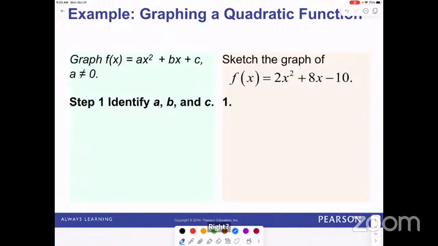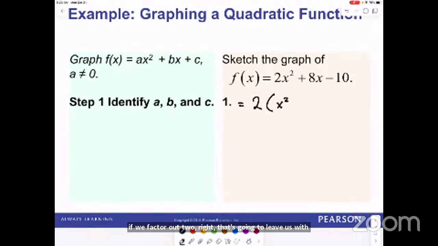One way that we can go about making the leading coefficient a 1 is to factor out 2 from all the terms. If we factor out 2, that's going to leave us with x squared plus 4x minus 5, right? Then the part that's in the parentheses is the part that we want to do completing the square on.